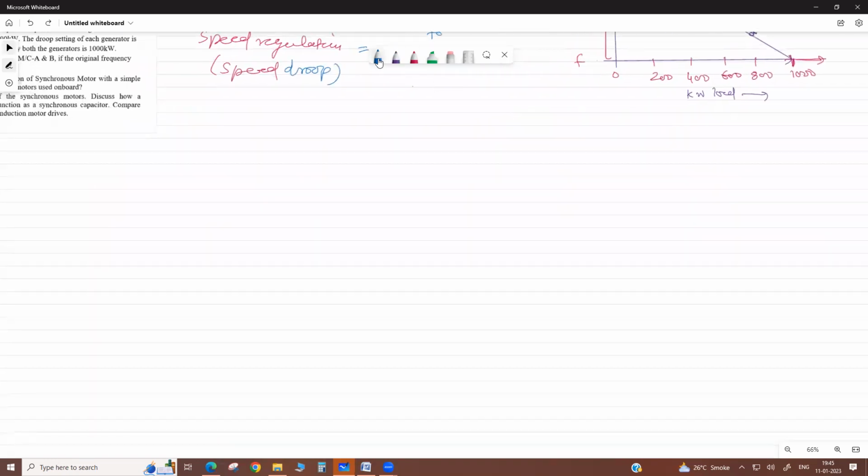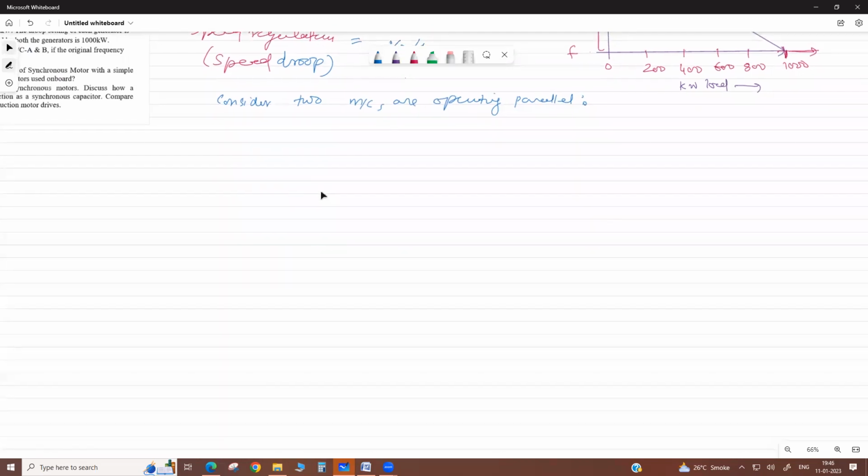Now we come to the question. Consider two machines, or alternators, operating in parallel and sharing a total load. Their droop settings may be the same, that is, identical machines.